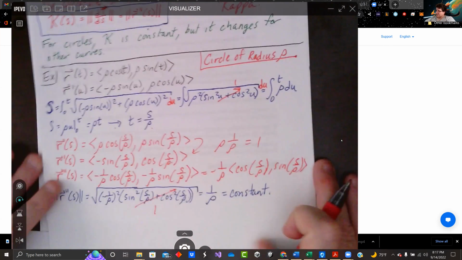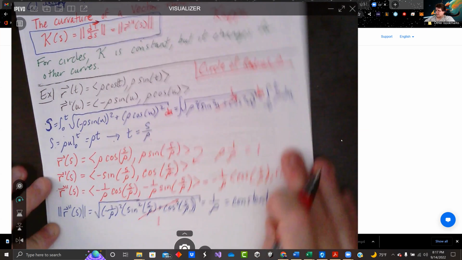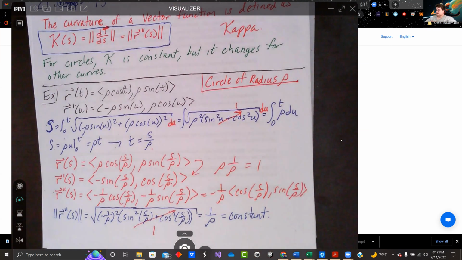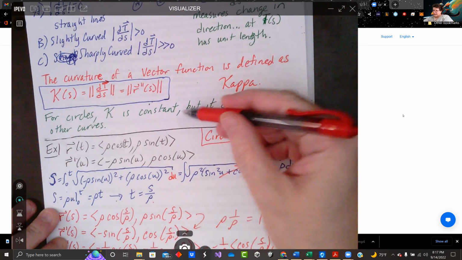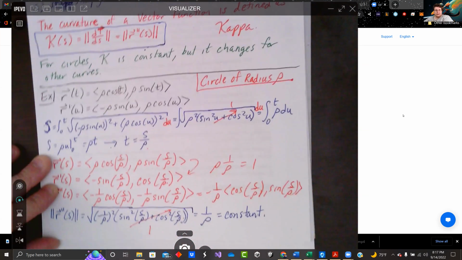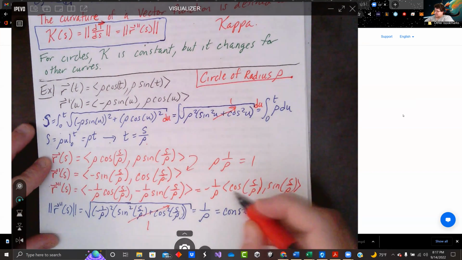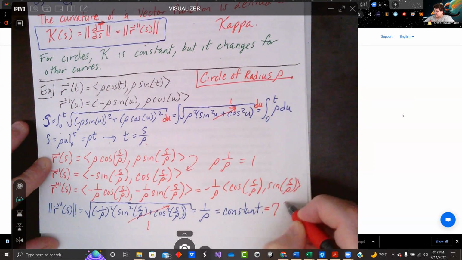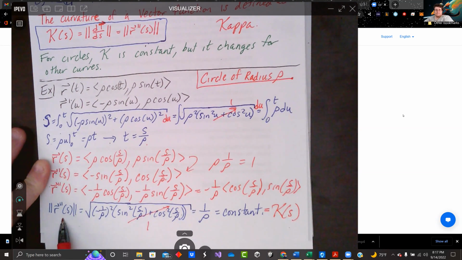The radius of a circle is constant, so 1 over rho is constant. That's kind of neat. And that's what I had said earlier: kappa is constant for circles. And we just showed it right here, because this equals kappa of s.